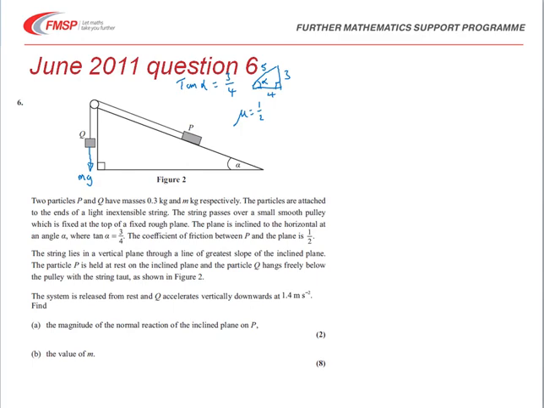Then for P, we know its mass is 0.3, so the force is 0.3 g, and there will be a normal reaction, and then a tension in the cable which is transmitted through the cable because we've got a smooth pulley. We've also got a frictional force, but we don't know which direction things are moving in at the moment, so we'll have to read on the question to see if we can put that in.